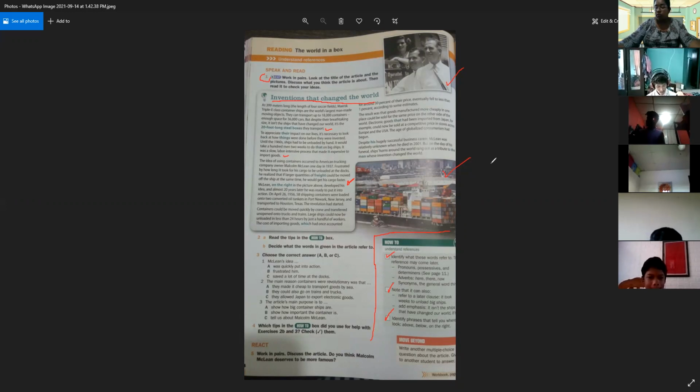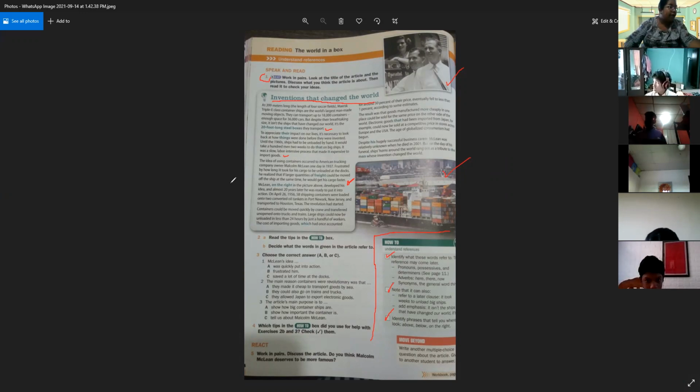Frustrated by how long it took for the cargo to be unloaded at the docks, he realized that larger quantities of freight could be moved off the ship at the same time. He would ship his cargo faster. Okay, thank you, Isaac. Now the next paragraph.